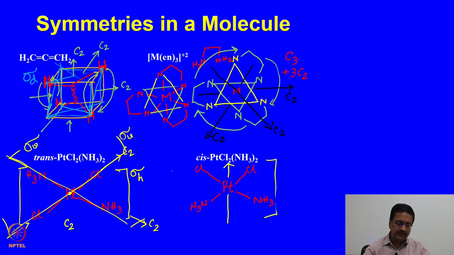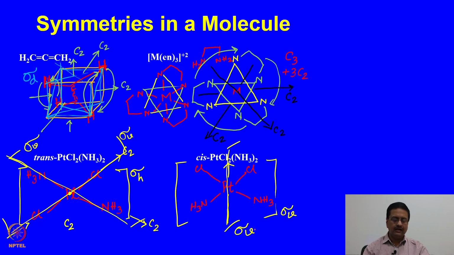Then the molecular plane that we have here is a sigma V, and the plane which is perpendicular to the plane of projection, but contains the C2 axis is another sigma V, which essentially means that this particular molecule also has a very similar symmetry, or same symmetry, like water molecule.